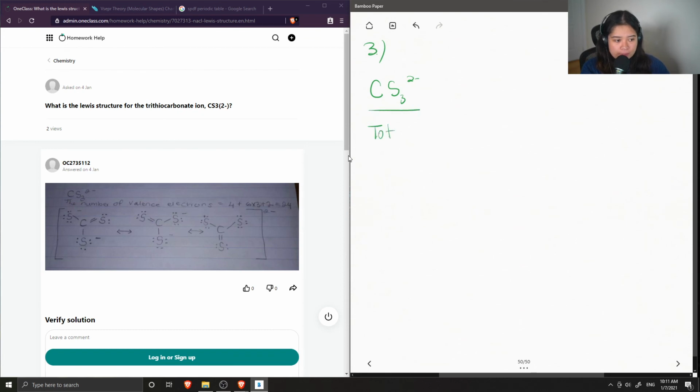So first, let's find the total number of valence electrons in the molecule. Carbon has 4. And sulfur contains 6, and there are 3 sulfur atoms.